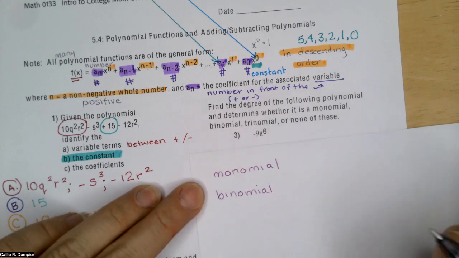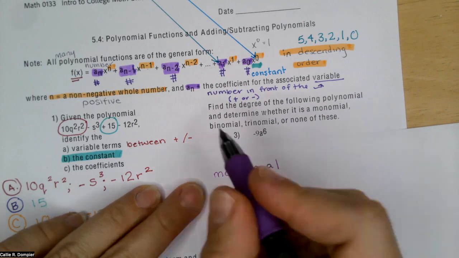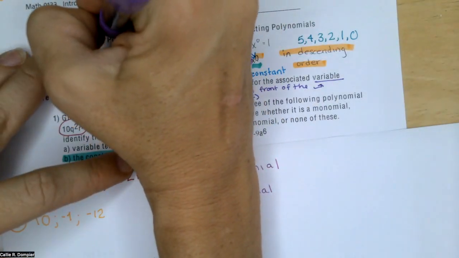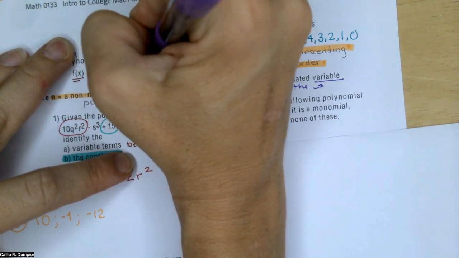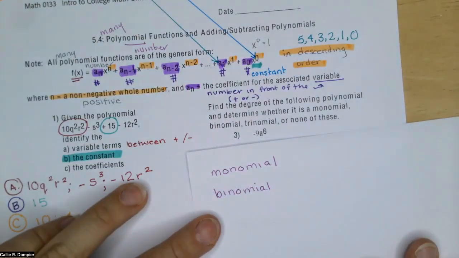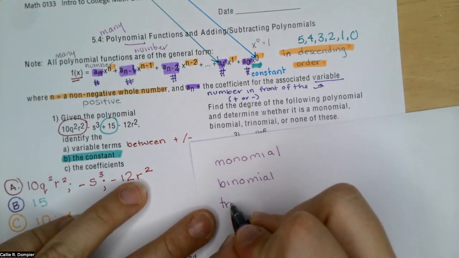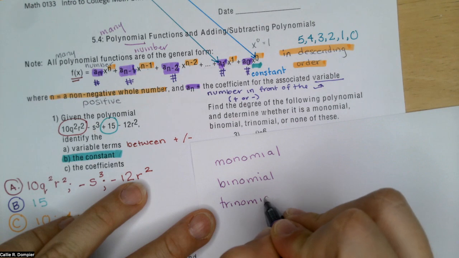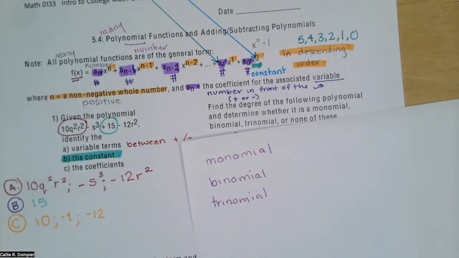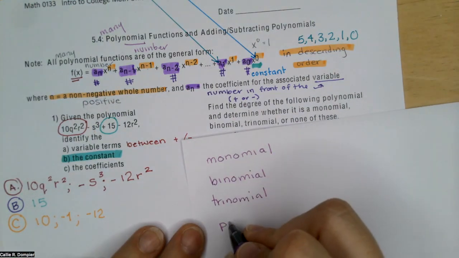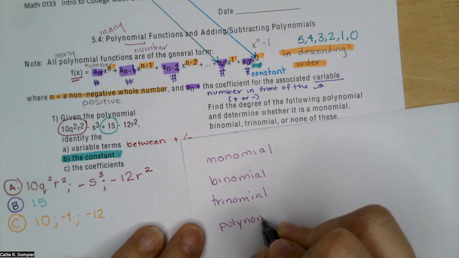Notice that they're all ending with the same letters. Nomial, just like polynomial. Poly means many, and nomial means number. Good. Binomial, trinomial, or none. Polynomial.